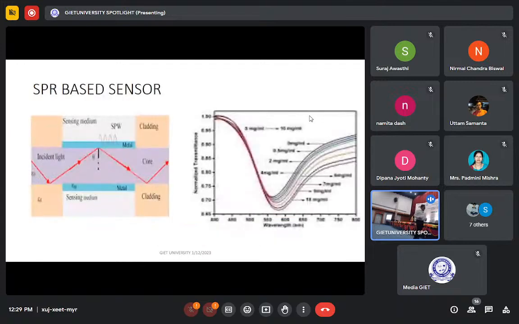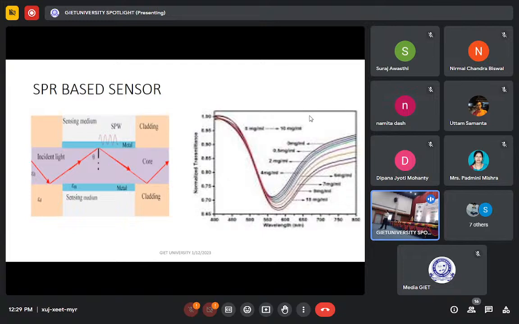In fact, as I said, when you are using an optical fiber, the first principle which I have explained here is the SPR principle, using which you can realize a fiber optic sensor. The second principle which you can also use is based on absorption. Now, if you take an optical fiber, light propagates in the core.